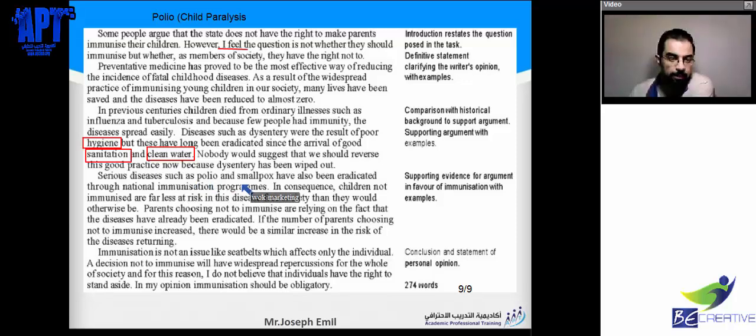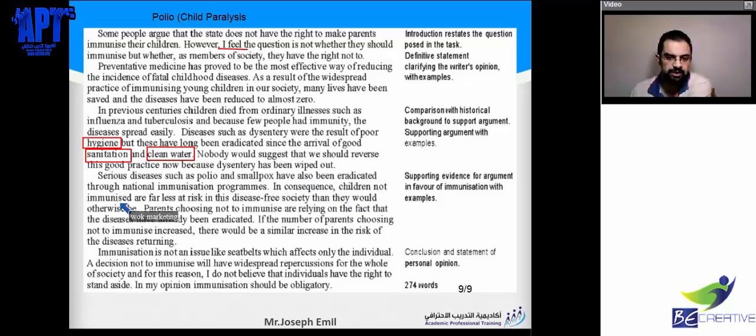Serious diseases such as polio and smallpox have also been eradicated through national immunization programs. So polio is child paralysis, and smallpox is جدري, not chickenpox, that's the other type, the very deadly type, have also been eradicated through national immunization programs.